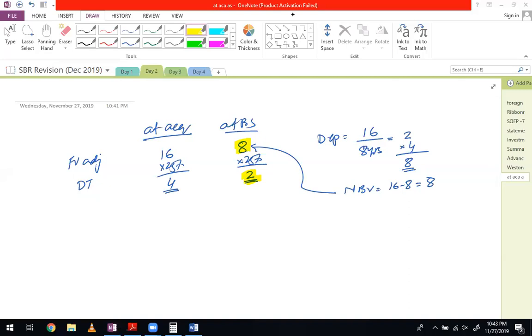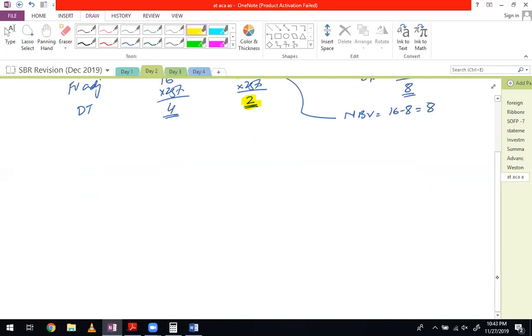Okay, good. So now we were discussing the disposal. The entry that we discussed for the disposal was the bank debit, NCI debit, net assets credit, goodwill credit, and the balancing figure taken to the P&L, which we know is a loss on disposal of 29.